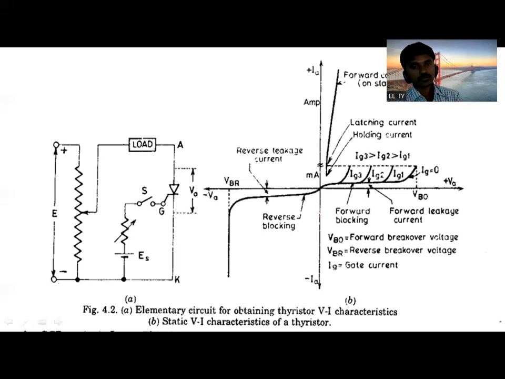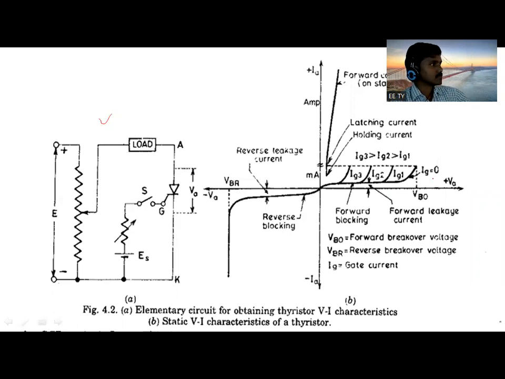Next, any doubt? Next student. Because we are going to perform the experiment on this circuit, we have to draw these characteristics. After performing the experiment, we need to get these characteristics. ये characteristic draw करना पड़ेगा तुमको. Readings लेके graph draw करेंगे, तो it should be like this.